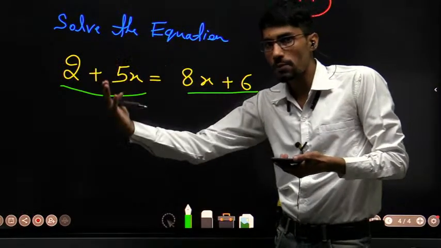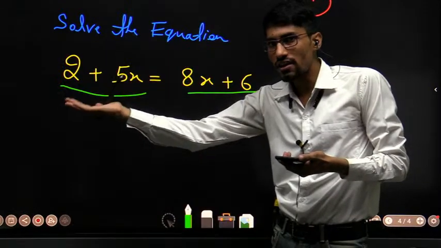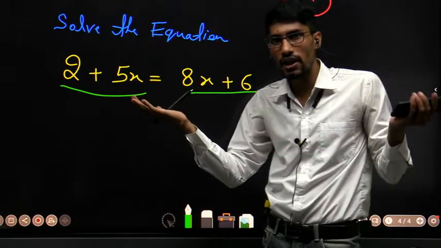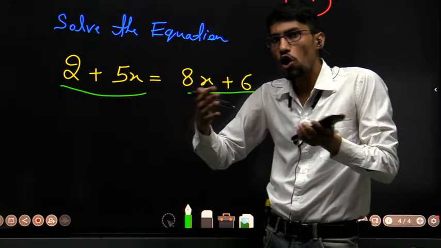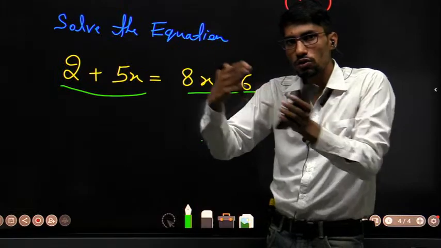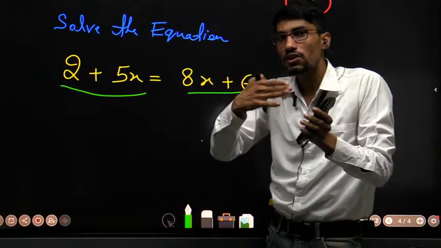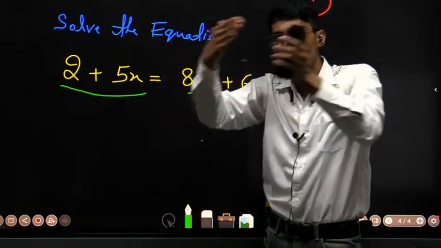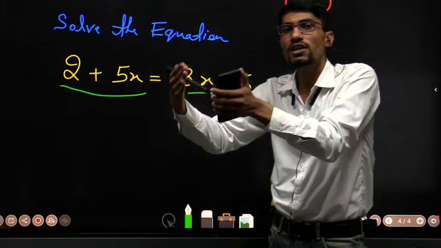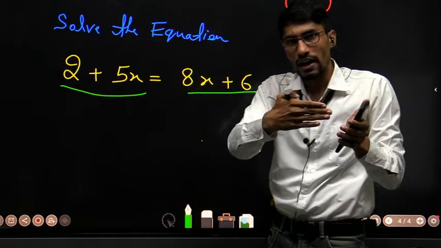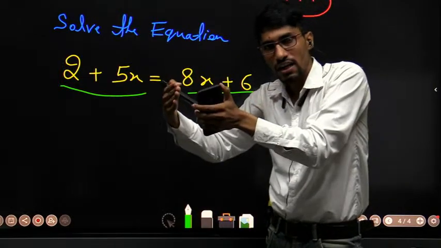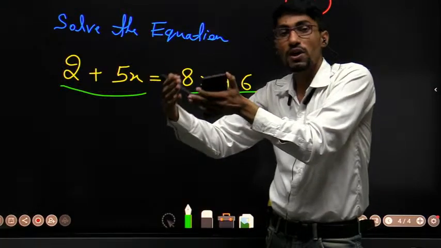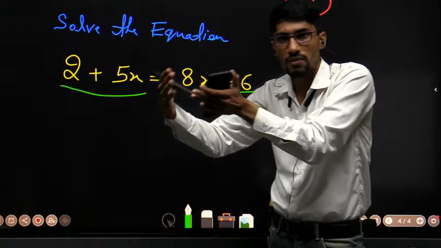On each side there are constant and variable terms. You have to separate the variable terms and the constant terms. Variable terms you can write on either the LHS or the right hand side. It's your choice, but you have to separate the variable terms and the constant terms.